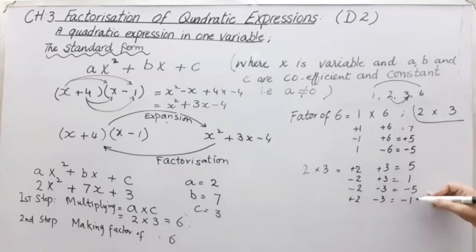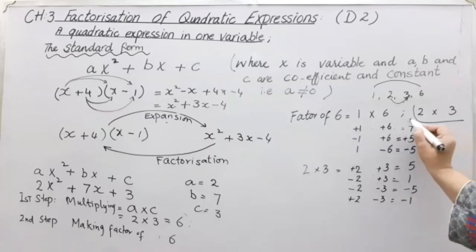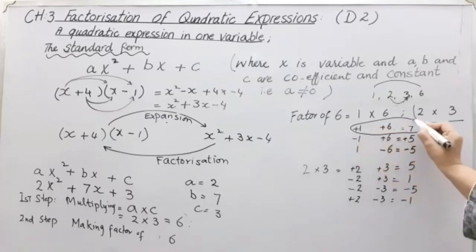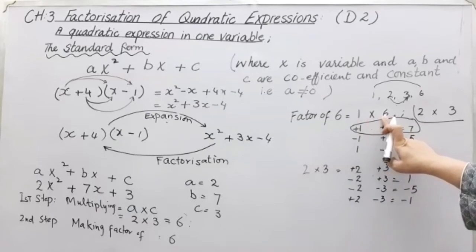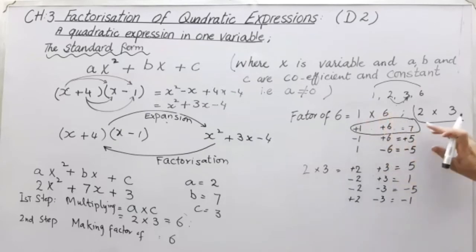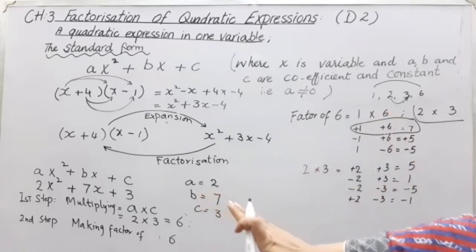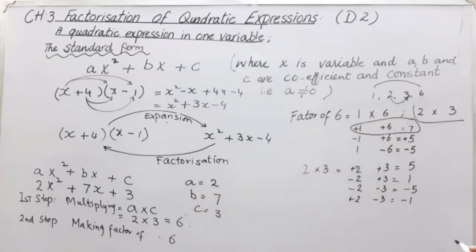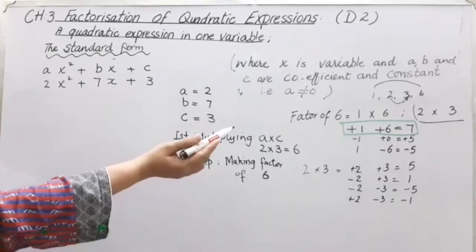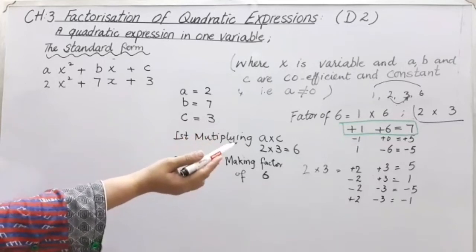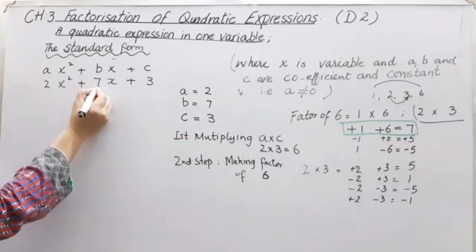These are our factors. But where do we find our b? We find our b in these factors: plus 1 and plus 6. 6 ones are 6. Our factors complete our expression, plus 7x. Our factors are plus 1 and plus 6 and we get 7. So here b is 7.